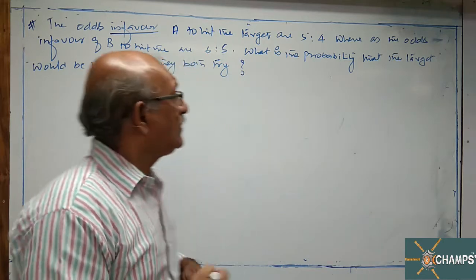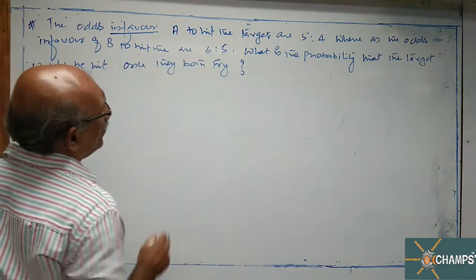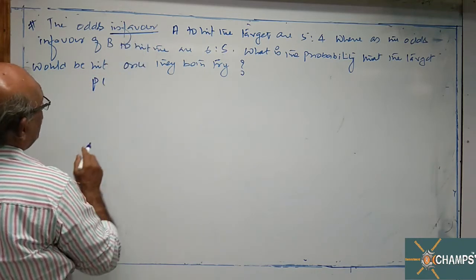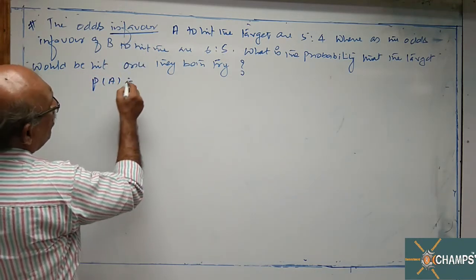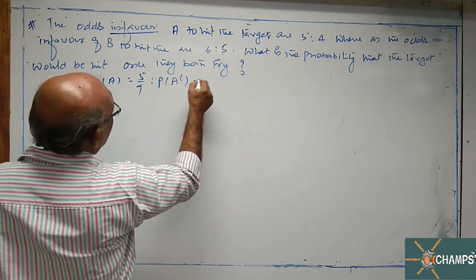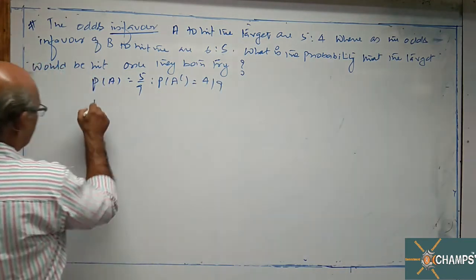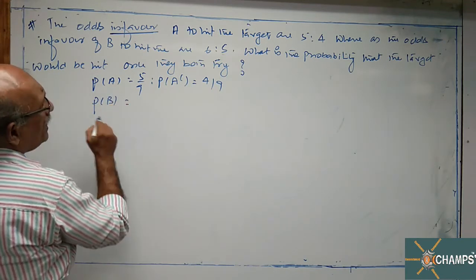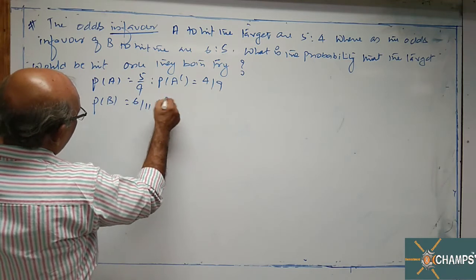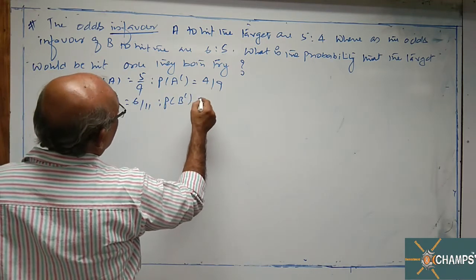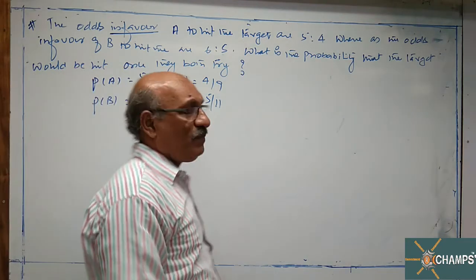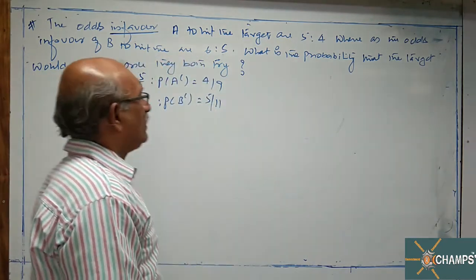Let us convert this ratio into probability. In both cases it is in favor. P of A is equal to 5 by 9. P of A complement is 4 by 9. P of B is equal to 6 by 11. P of B complement is equal to 5 by 11.